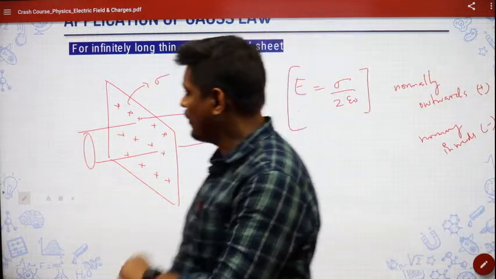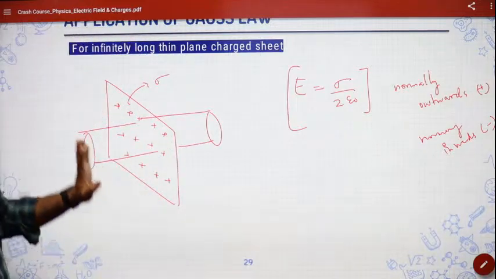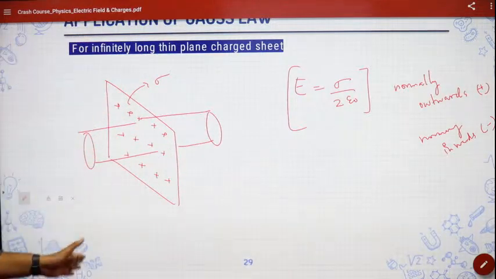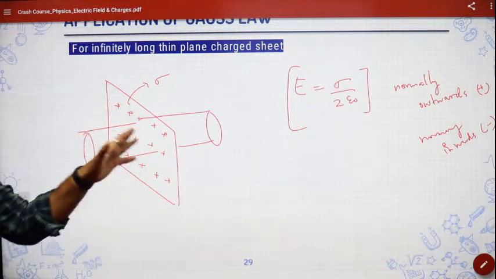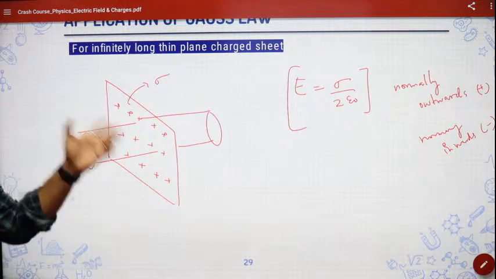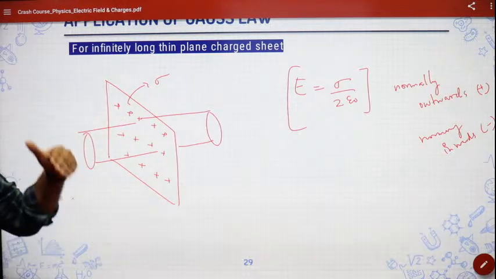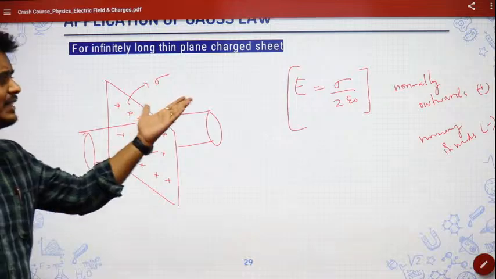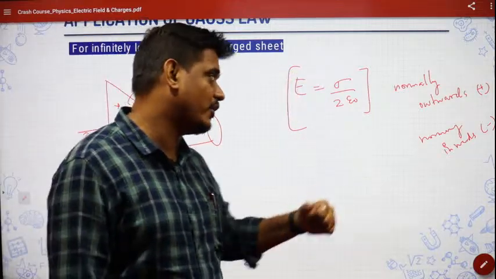So I hope you have understood this, and it's very simple to remember. For an infinitely long straight wire, the electric field is lambda by 2 pi epsilon naught r, or k into 2 lambda by r. And for a sheet, it is sigma by 2 epsilon naught.